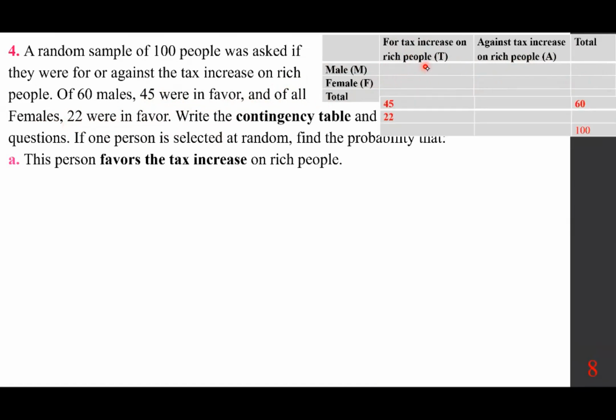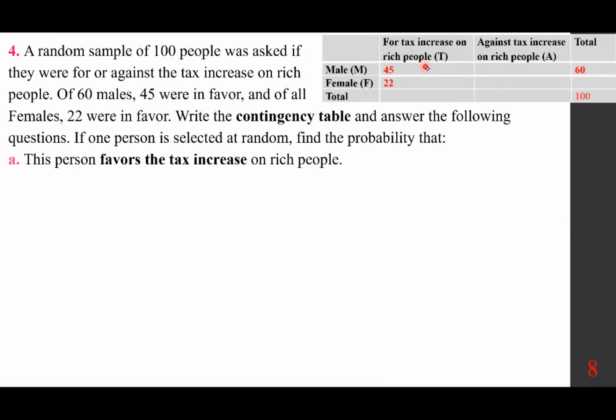So we plug in those values, and we can figure out the rest. For example, the total is 100 here. We have 60 here, so this must be 40. Very simple.